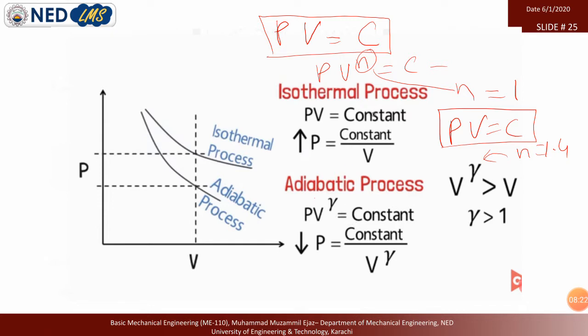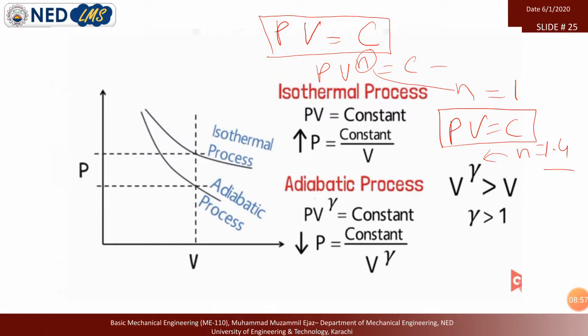What are the differences between the two processes? In adiabatic process, the V power gamma, that is 1.4, and the symbol for the adiabatic index is gamma. V^gamma is greater than V. When we solve these values, you can also experience in the numerical that the V^gamma value will be greater than the value of volume, because gamma is greater than 1, that is 1.4.